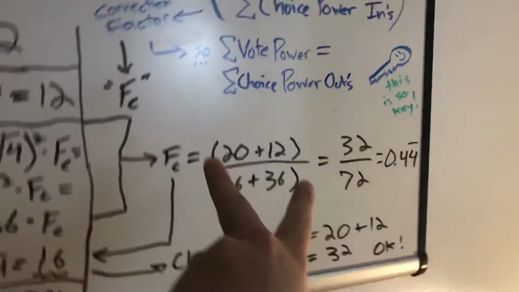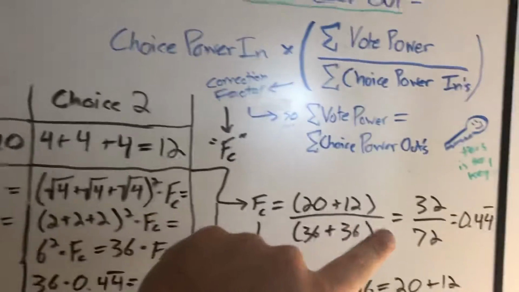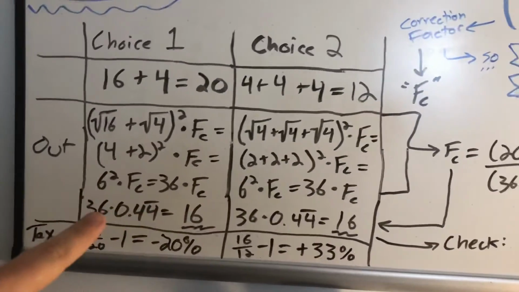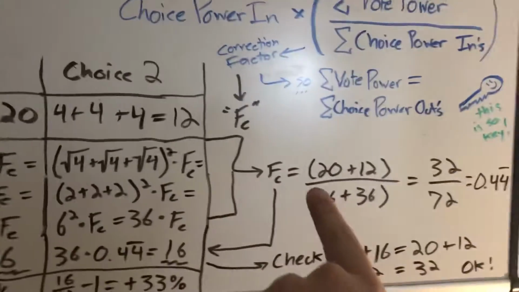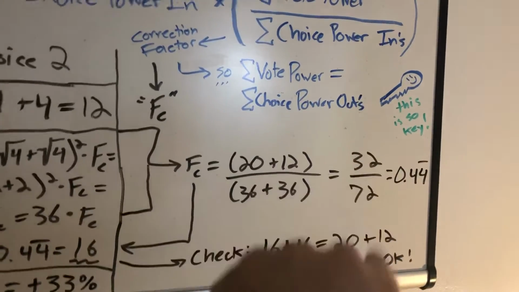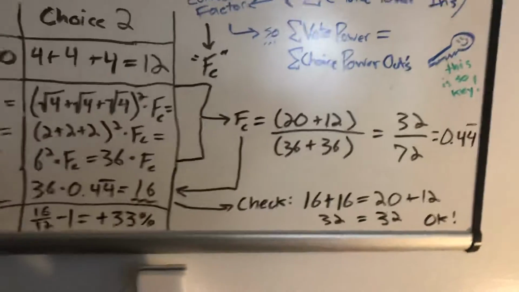Now, how to get that 0.444 repeating is you took the 20 plus the 12, which is 32, and you divided that by the outputs here, 36 and 36, which is 72. 32 divided by 72 is 0.444 repeating.